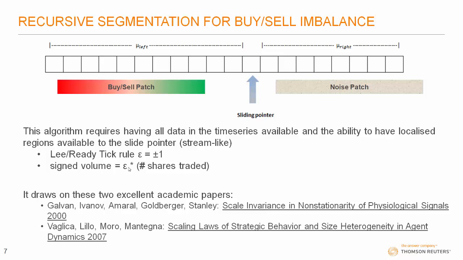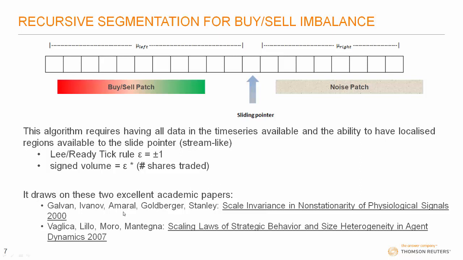And I also want to, at this stage, reference two great papers where I first discovered this algorithm. One is the paper by Stanley et al., which applied the algorithm to physiological signals, for example, heart signals and EKG signals, to detect healthy transitions and distinctions between healthy heart time series and a diseased heart.